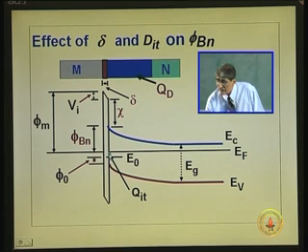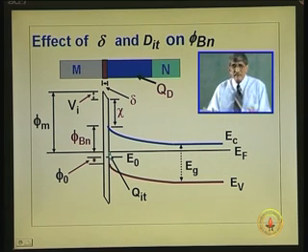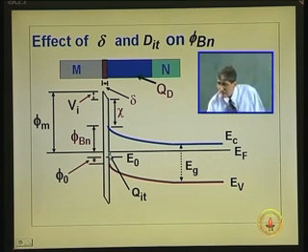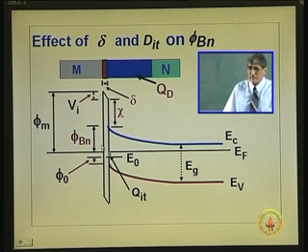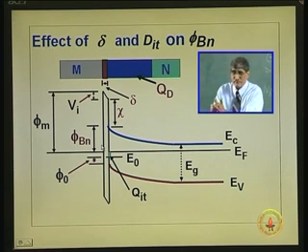So, now let us take a look at it. Identify all the things. There is plus charge here, minus charge here, and that is why the conduction band or the vacuum level, if I call it the vacuum level, if I do not take delta as just vacuum itself, then also I can put the diagram, a gap delta.